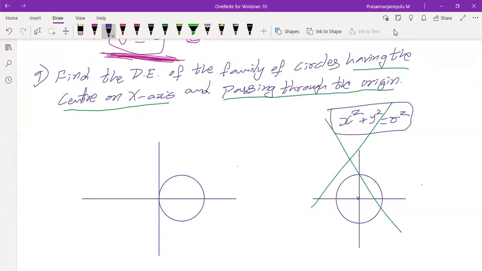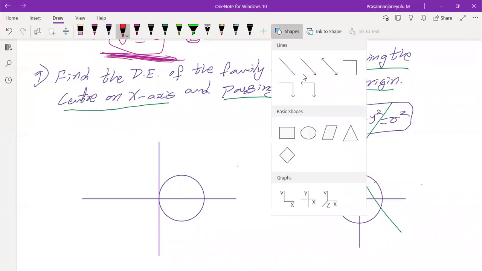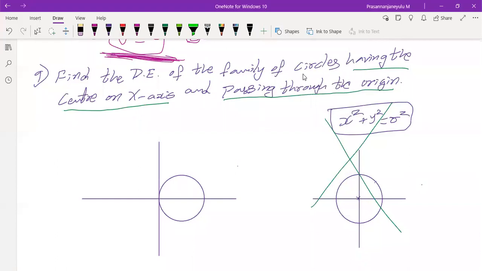But when we take a left-hand side circle, we can identify that the circle is passing through the origin, and its center is on the x-axis. Yes or no? Passing through the origin. Taking one more circle in the same manner, like this, we are going to get a family.